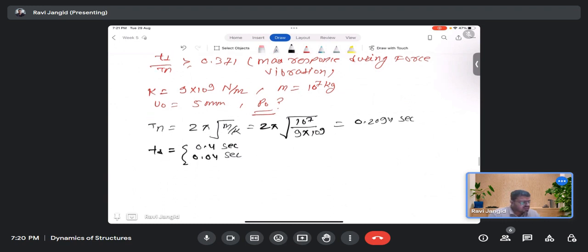First let us consider TD equal to 0.4 second. So what will be my TD by TN? 0.4 divided by 0.2094, that will be around 1.91.